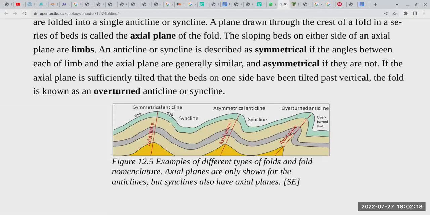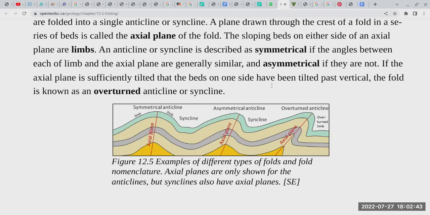If the angles formed are similar, they're going to be symmetrical. It means that one half is exactly the same as the other half. It says, and asymmetrical if they are not.